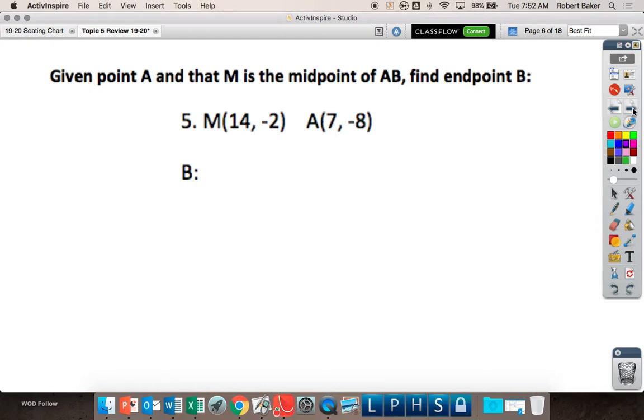We have a line segment AB, and we know that M is the midpoint. Alright? I put all my X's up here, and I put all my Y's down here. So I'm going to list the coordinate location for my X's.